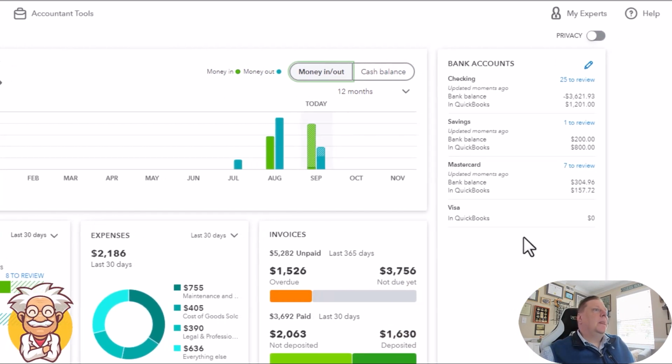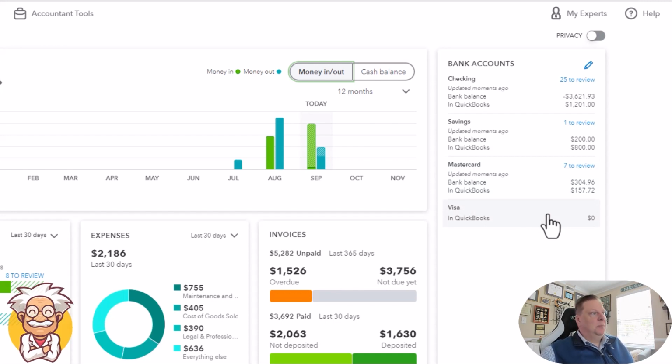The other part over here to the right that is very important is our bank accounts and our credit card accounts. First thing you notice is the numbers highlighted in blue. For instance, here in the checking, you got 25 to review, savings 1 to review, and MasterCard 7 to review. This means that these accounts are actually connected to QuickBooks.